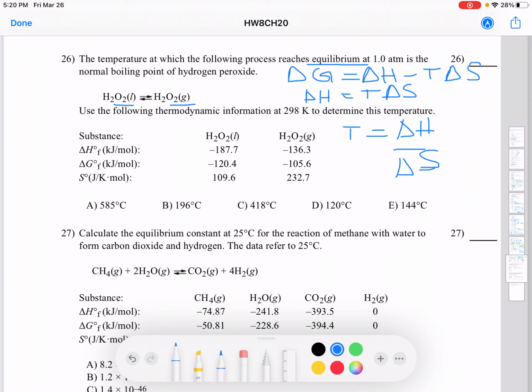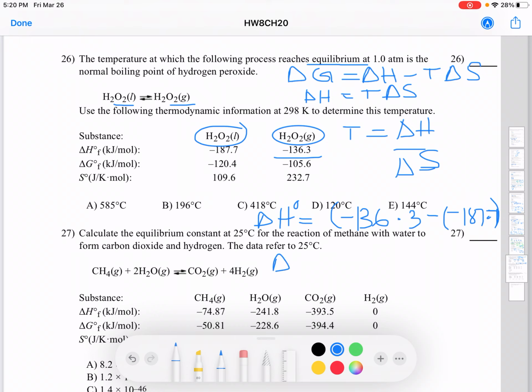How do you find the delta H? You are given delta H values for the liquid and gaseous forms. So you find the delta H for the reaction, product minus reactant. Your product is H2O2, negative 136.3 minus negative 187.7. That will give you delta H naught for the reaction.